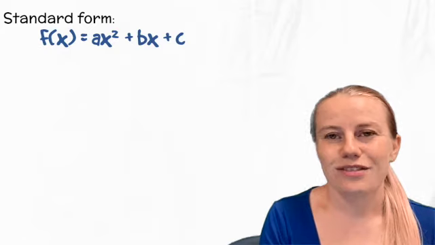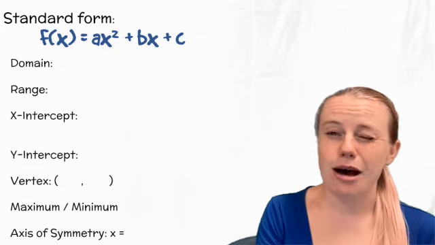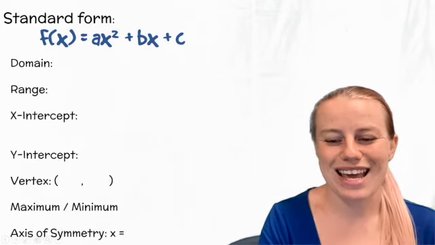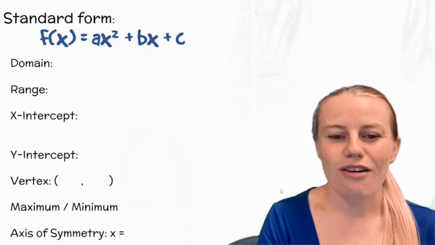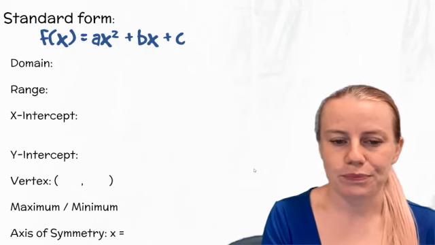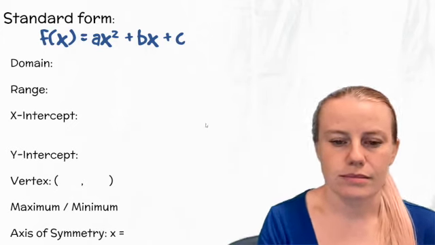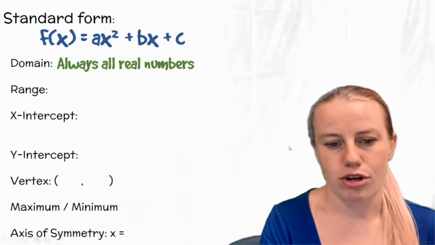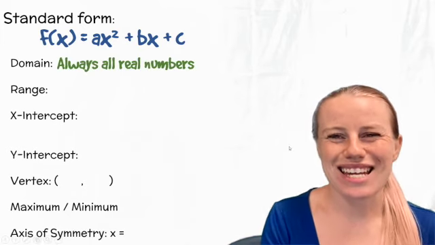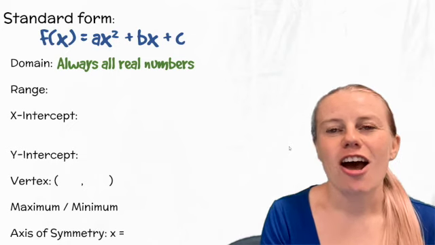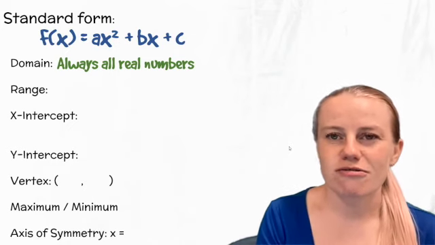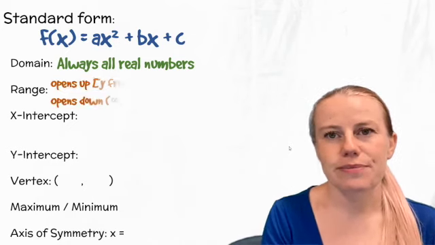All right, our standard form, and here's some attributes that we can pull out from our standard form. Okay, our domain for these functions is going to be all real numbers, always all real numbers.